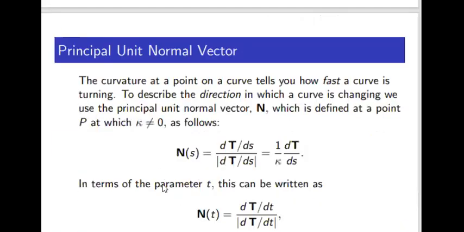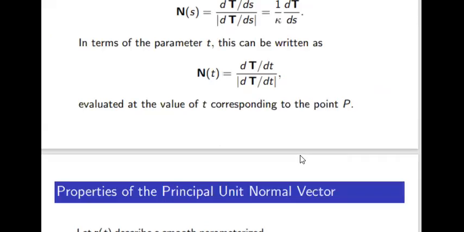And then we define another unit vector, which is called the principal unit normal vector. This is perpendicular to the unit tangent vector, right?